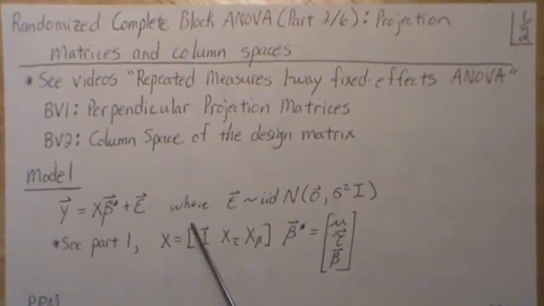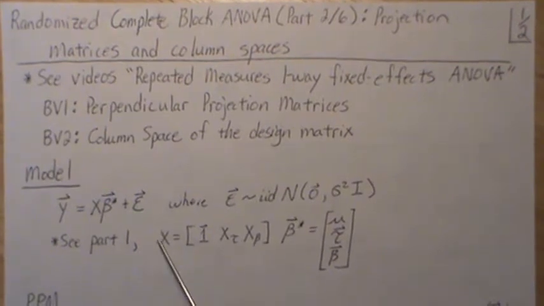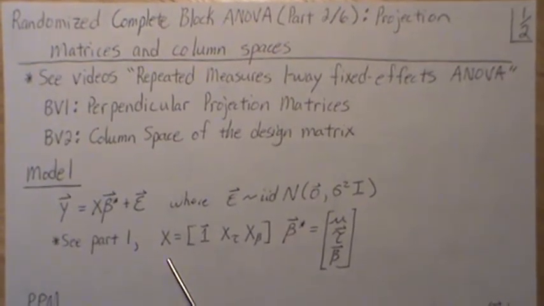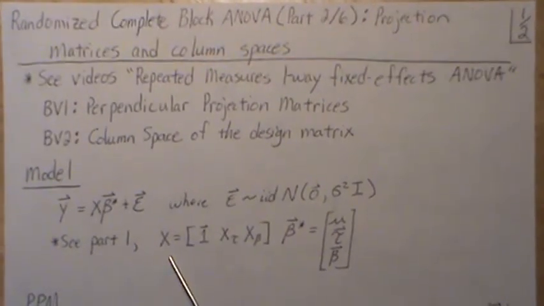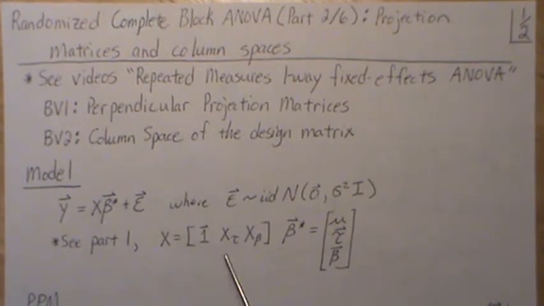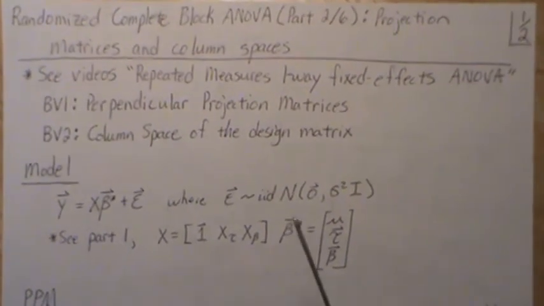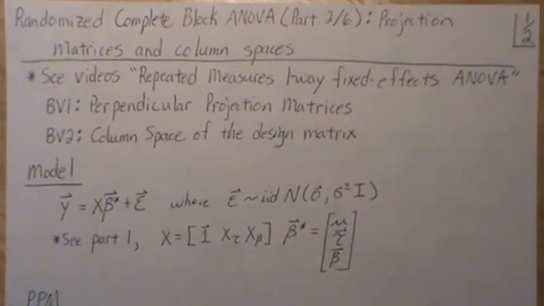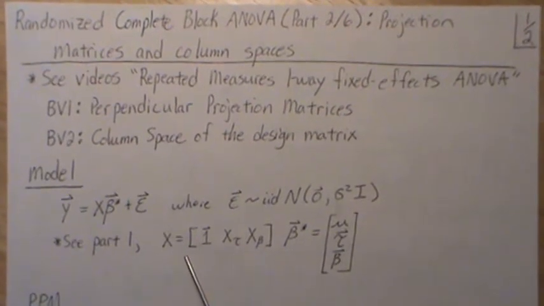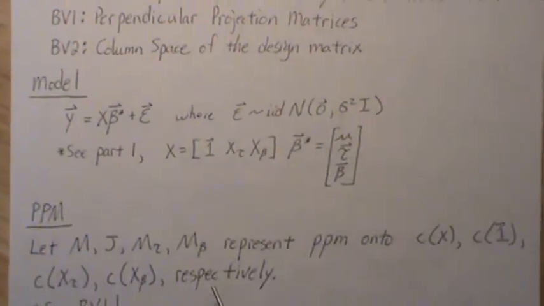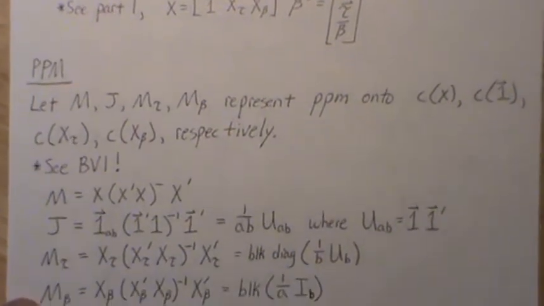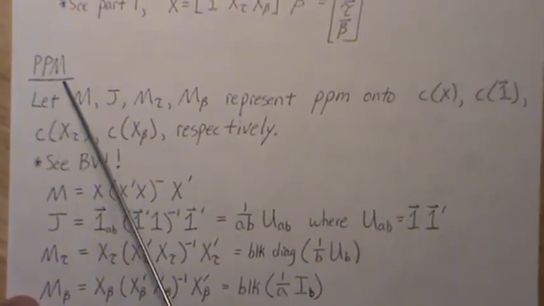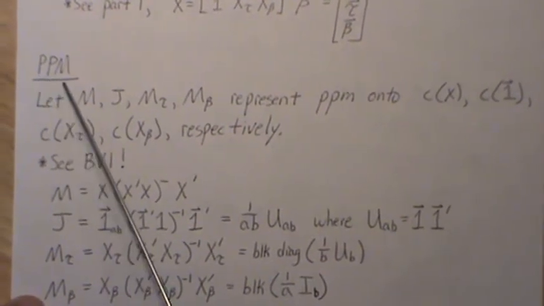Now, to find the perpendicular projection matrix onto X, we broke it up into pieces and then used that to find the overall structure of the perpendicular projection matrix on the X. So PPM stands for perpendicular projection matrices.